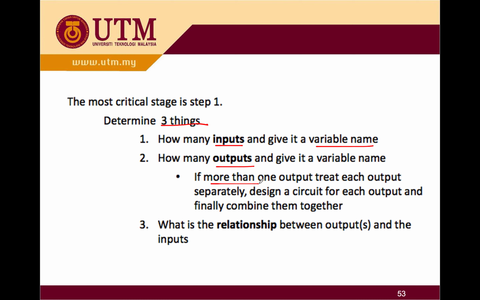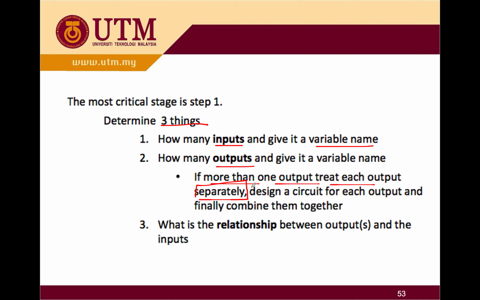And if more than one output, treat each output separately. Normally you're going to have one output, which is F or Y or Z, but if you look into your module 6 where you learned the full adder and half adder, you can see that there are 2 outputs, isn't it?